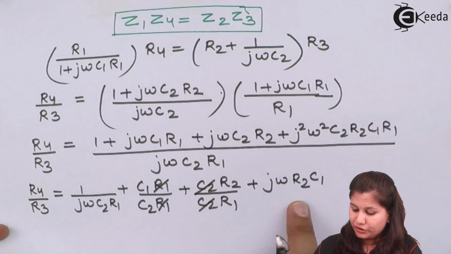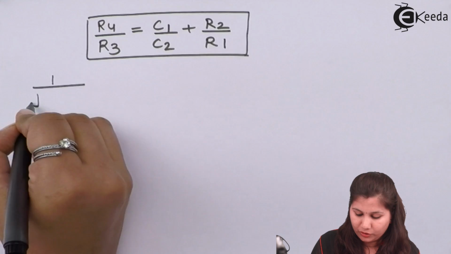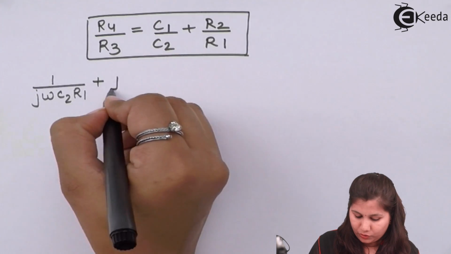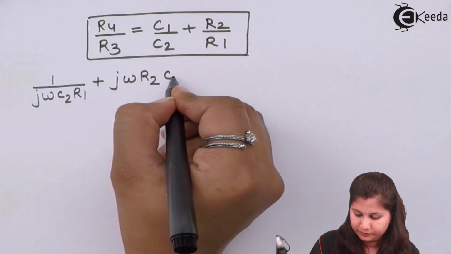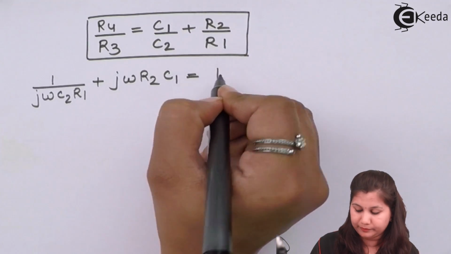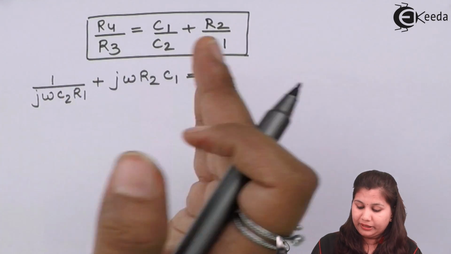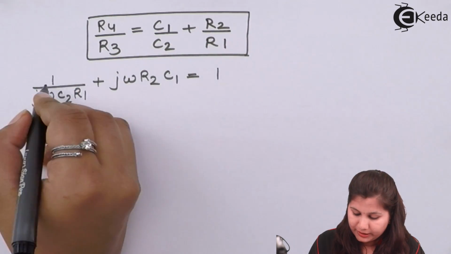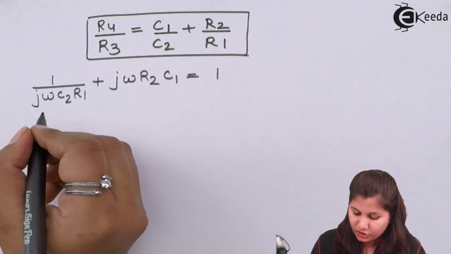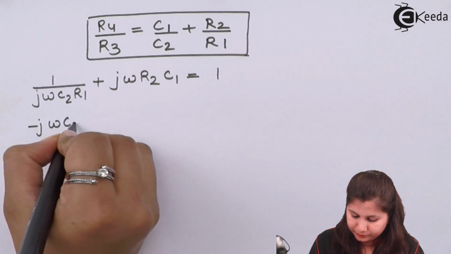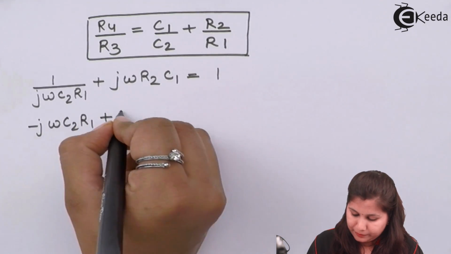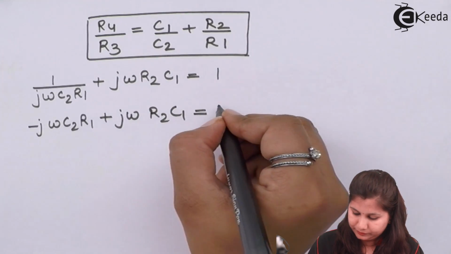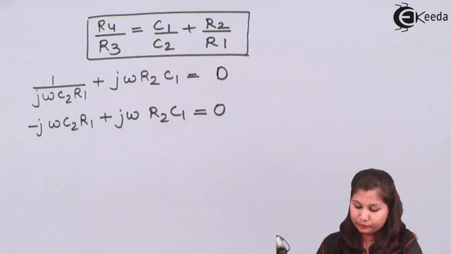Now equating the imaginary parts, we have 1 upon j omega C2 R1 plus j omega R2 C1 equals 1. So if we bring it to the other side, this 1 by j can be written as minus j, and this is plus j omega R2 C1, and it is equal to 0.